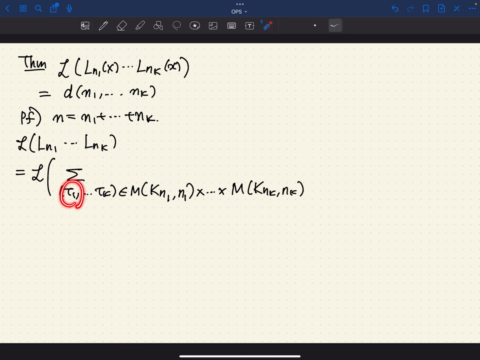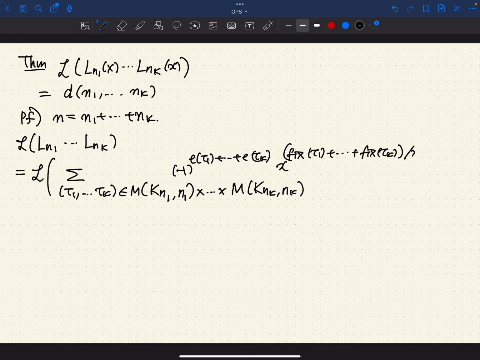In other words, the matching on this is matching on this, etc. Where we have the weight minus 1 to the number of edges of tau 1 dot dot dot tau k, x to the number of fixed points of tau 1 plus dot dot dot, all divided by 2, like this. I just replaced this by the combinatorial interpretation.